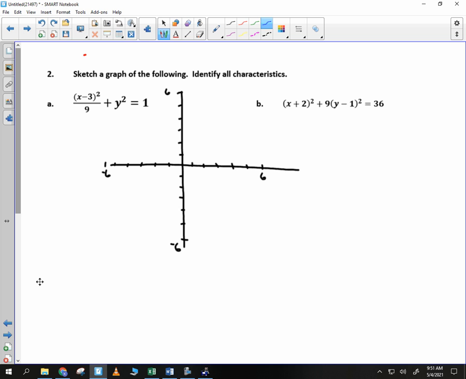Somebody tell me the center. Right here.